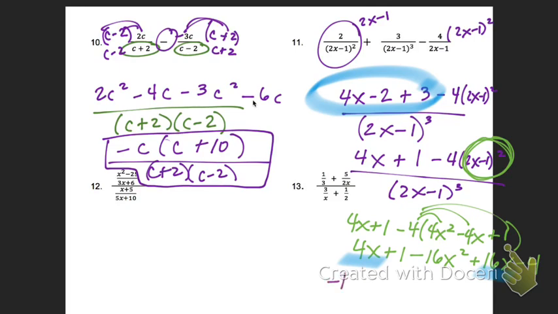And I would be left with negative 16x squared plus 20x minus 3 over 2x minus 1 cubed.